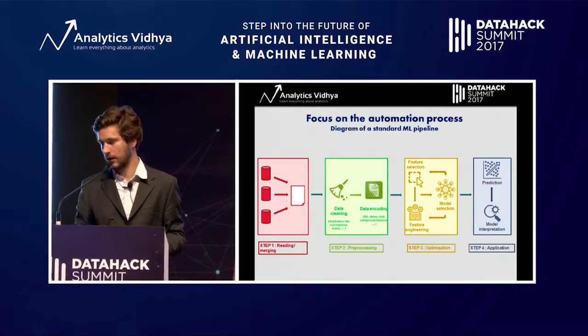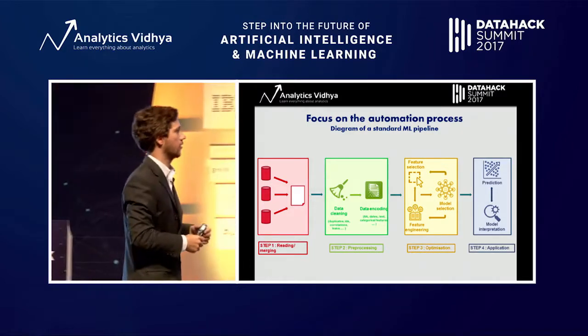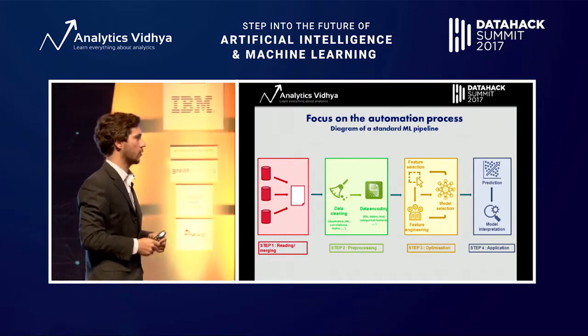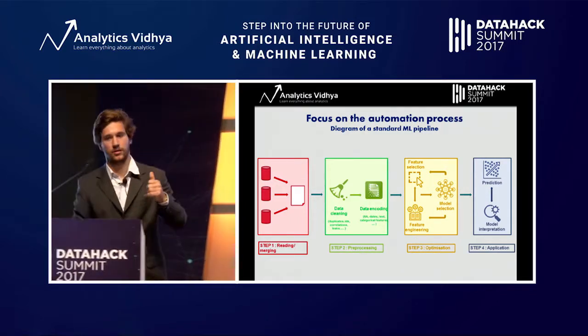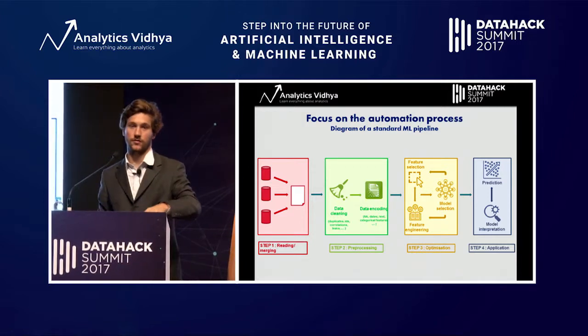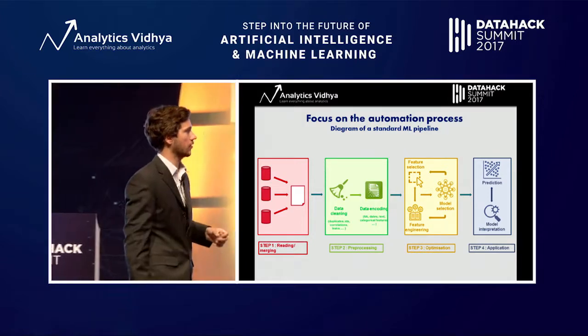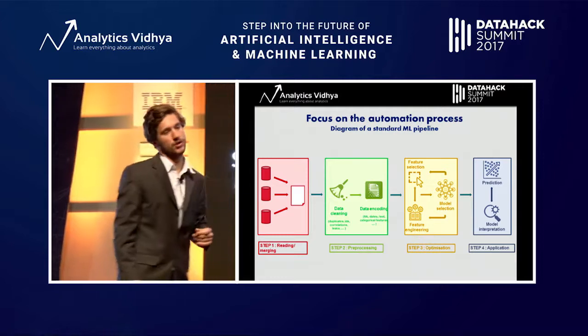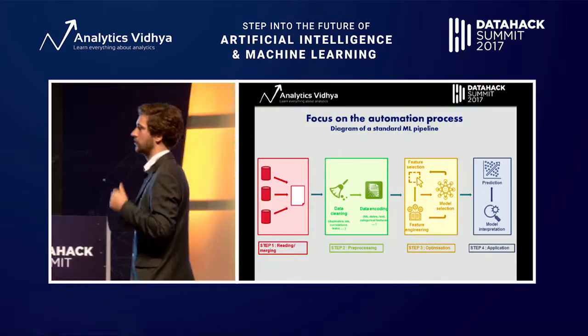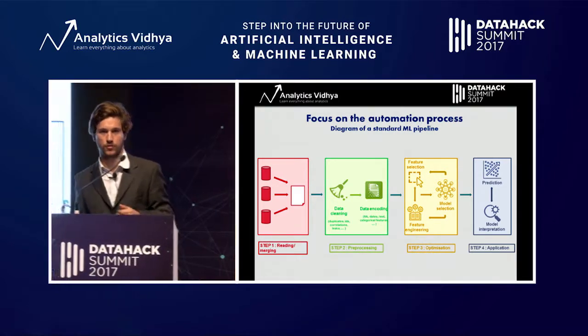And the last step, of course, is the application step, I would say. So you have to predict on the test set. So the test set is the set where your target is missing. And you also can have model interpretation. You can understand your model, the decision of your predictive model. That's also very important.